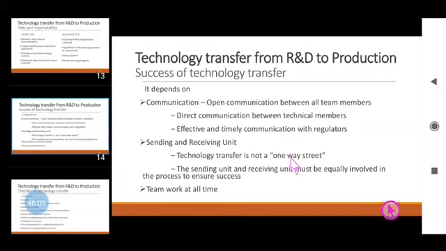With the transfer of the technology, they are both going to benefit, and therefore they must be actively involved. If one is actively involved and another one is not, then the technology will not be transferred successfully.